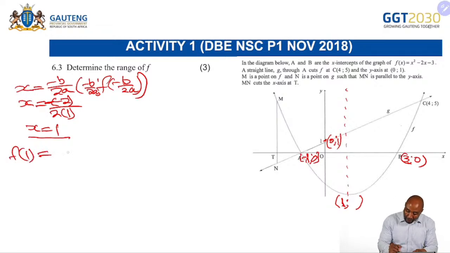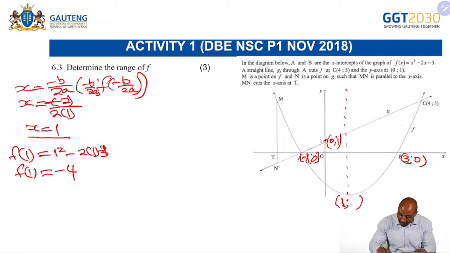Where there's x, I'll substitute 1. I'll get 1 squared minus 2 times 1 minus 3. I'll get my f of 1 as 1 minus 2 gives us -1 minus 3, that gives us -4, meaning the coordinates of the turning point are 1 and -4.